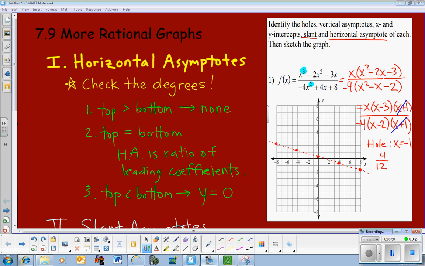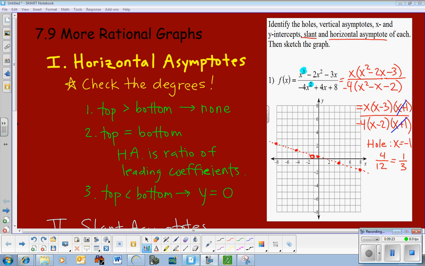So unless I made a little arithmetic mistake, my hole is going to be at negative 1, 1/3. Looks like it's pretty close to that asymptote, just below it, right there. So there's a hole in the graph.